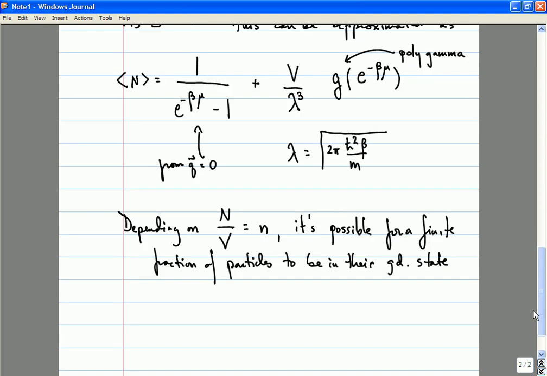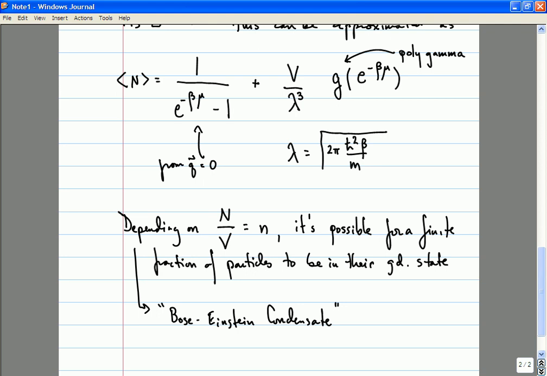And a situation where you have a quantum system at finite temperature, for example, where nevertheless a finite fraction of the particles are in the absolute ground state of the system, is known as a Bose-Einstein condensate. It appears in nature, for example, in many different circumstances.